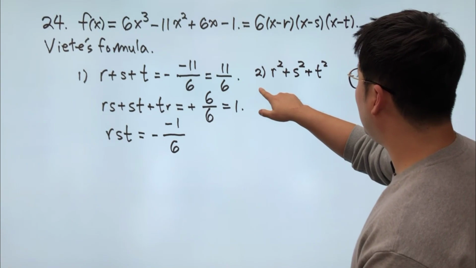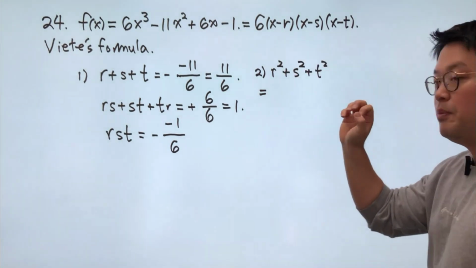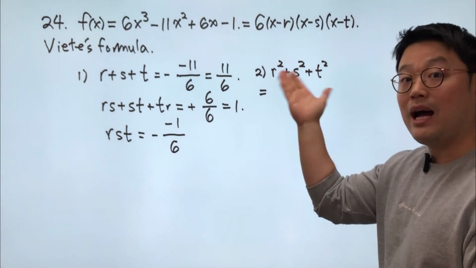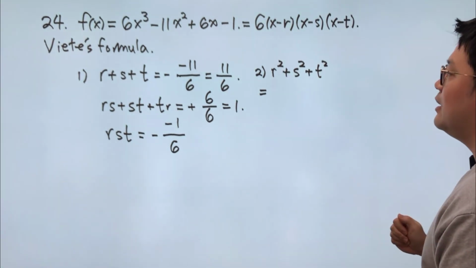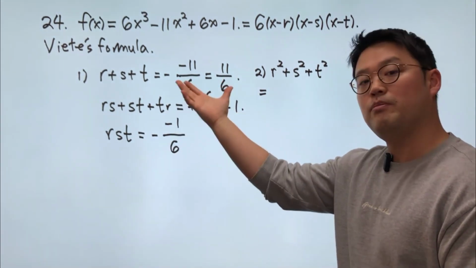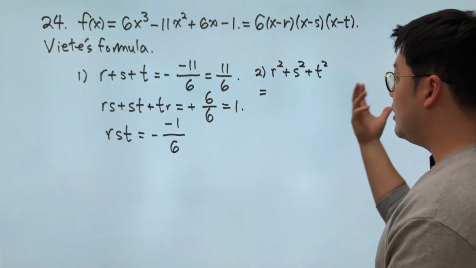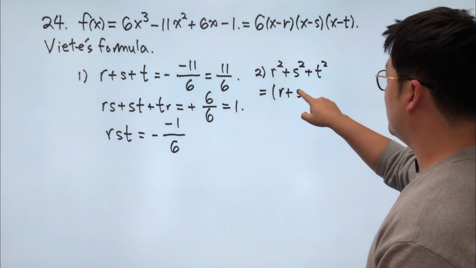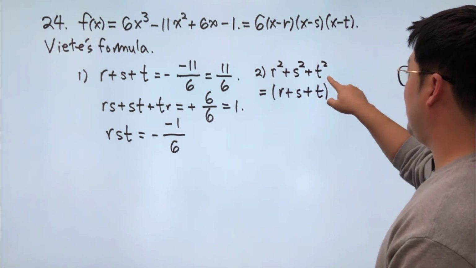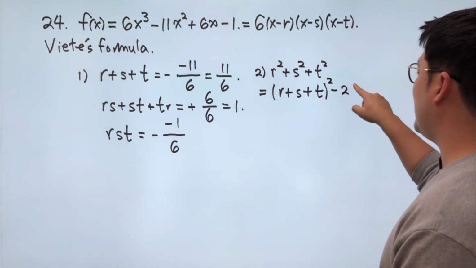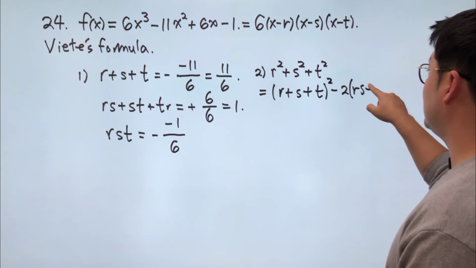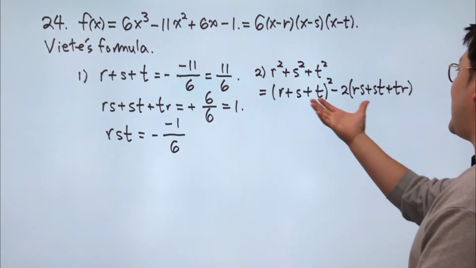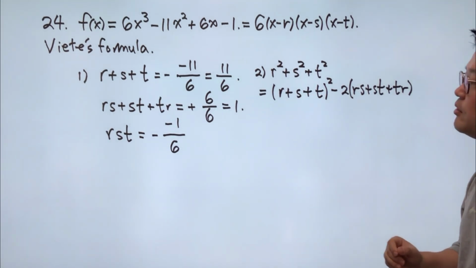We can identify the sum of squares of r, s and t in terms of the relationships between them, like Viet's formula. We're going to write r plus s plus t squared, and subtract 2 times rs plus st plus tr.